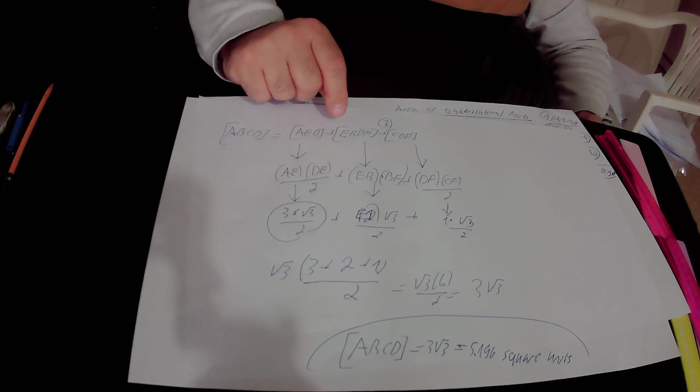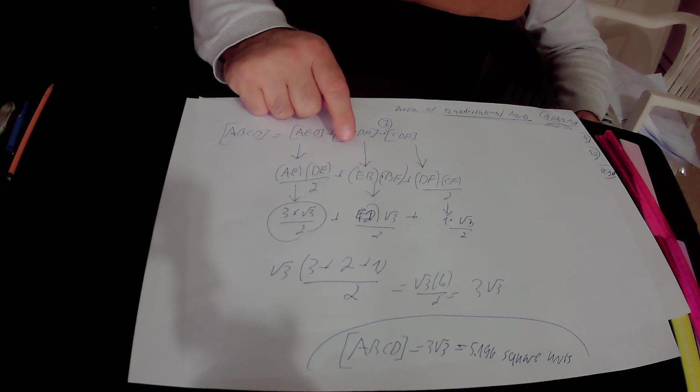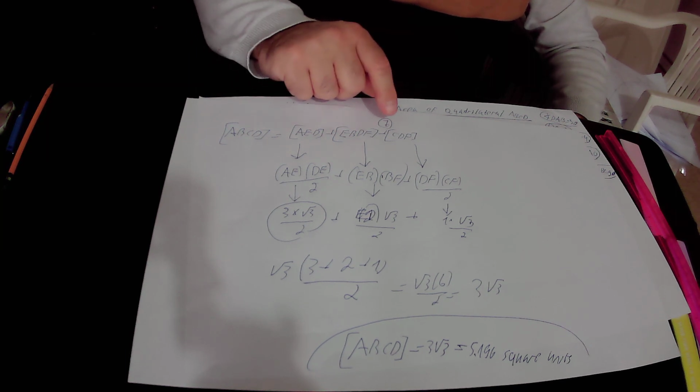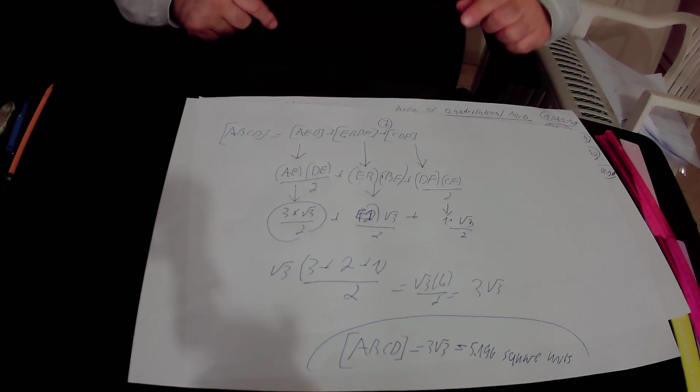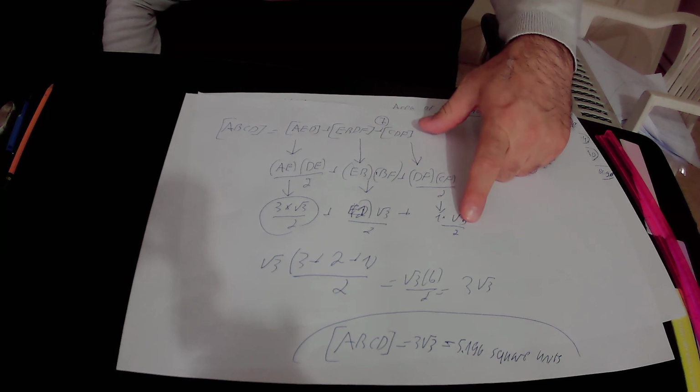The area of rectangle EBDF equals EB times DF. EB is 1 and BF is square root of 3, so the area of rectangle EBDF equals square root of 3 square units, and the area of the right triangle CDF is DF times CF over 2. DF is 1, CF is square root of 3, all divided by 2.